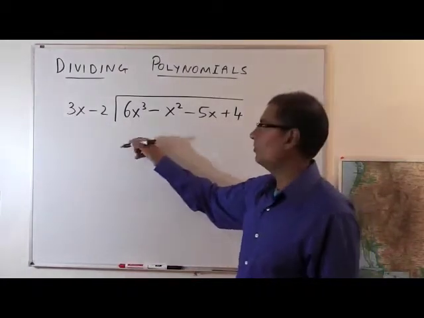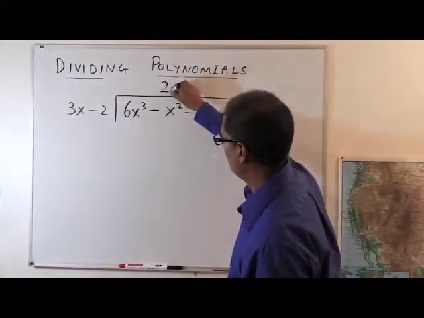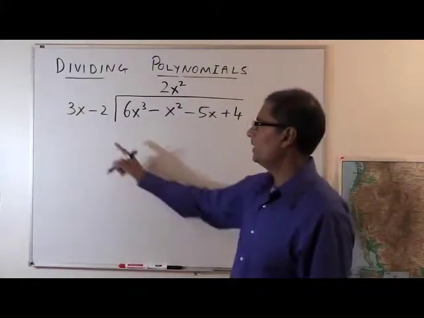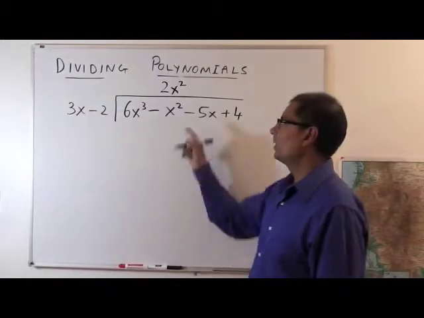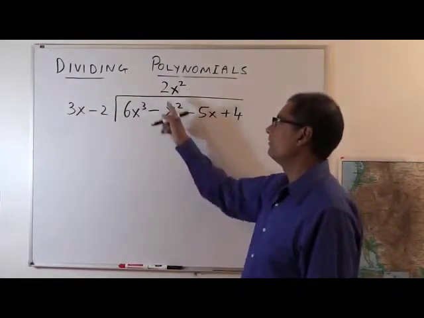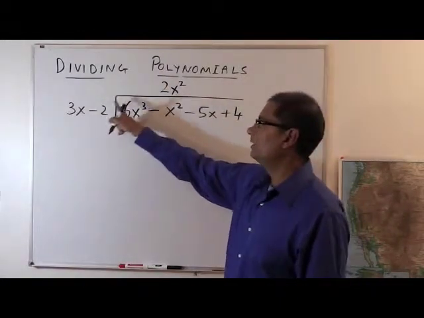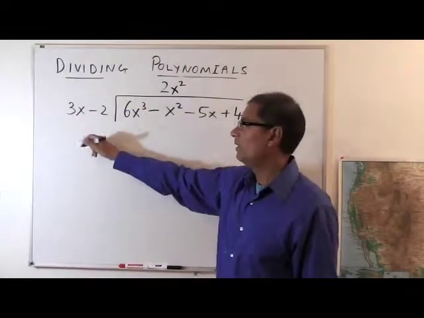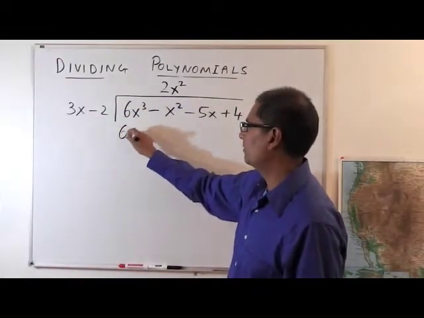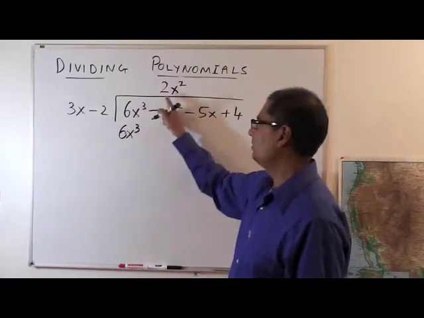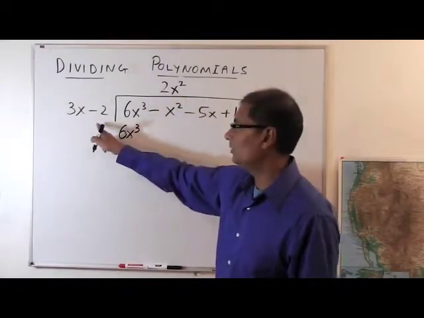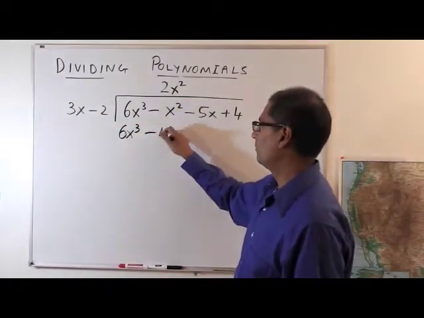So we have 2x squared. And how I know that, if I multiply 2x squared times 3x, I end up with 6x cubed. And we keep multiplying. 2x squared times minus 2 gives me minus 4x squared.